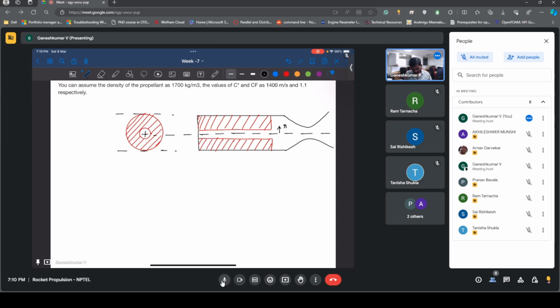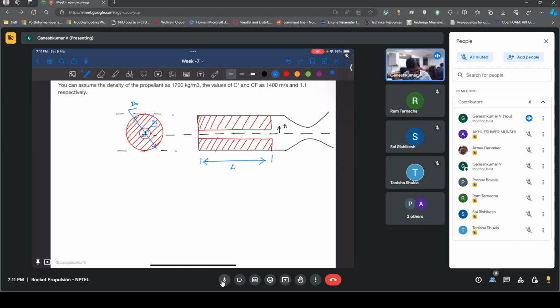Okay, and what is given is the initial diameter, the inner diameter, and they also gave the outer diameter of the grain. So this is d0, and this is di, and they have also given the length of the grain.